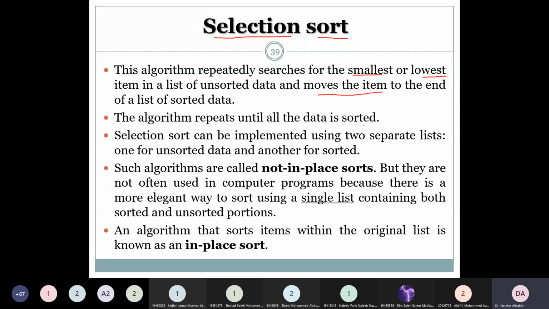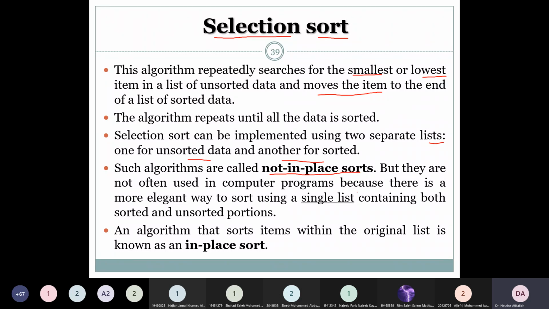The selection sort can be implemented using two separate lists, one for unsorted data and the other for sorted data. Such algorithms are called not in-place sorts. They are not often used in computer programs because there is a more elegant way to sort using a single list containing both sorted and unsorted portions.